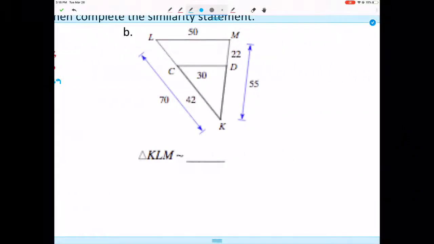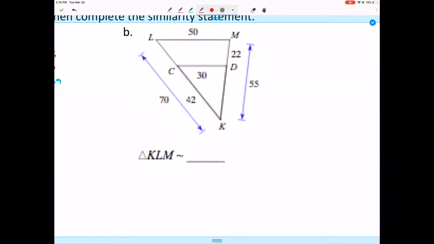Okay, and next one, same thing. For this problem, since they share the same angle, you could solve it by using side angle side, or you could solve it by side, side, side. Since we're trying to do it with side, side, side, let's just do side, side, side.